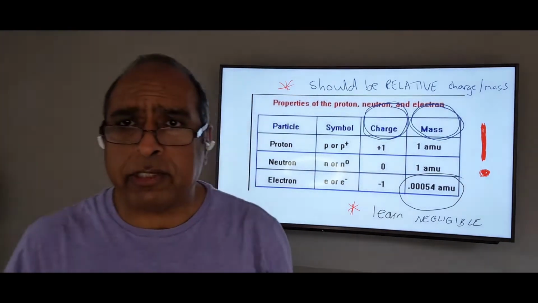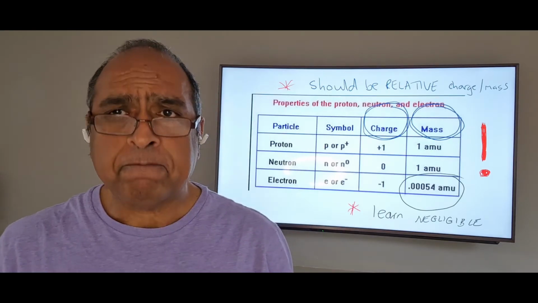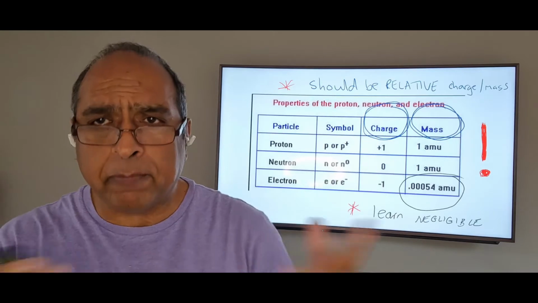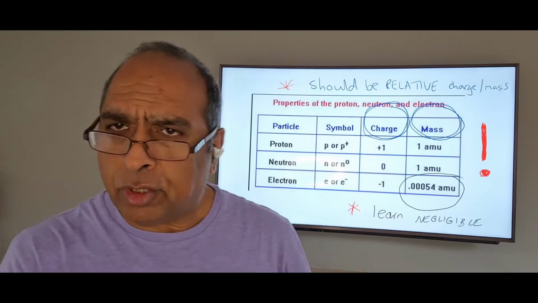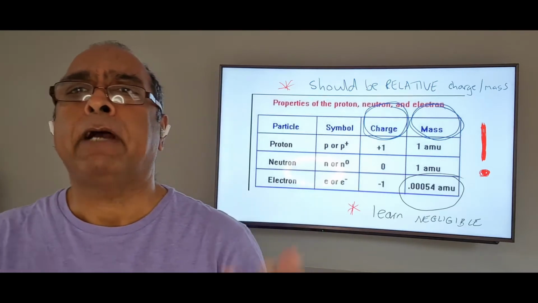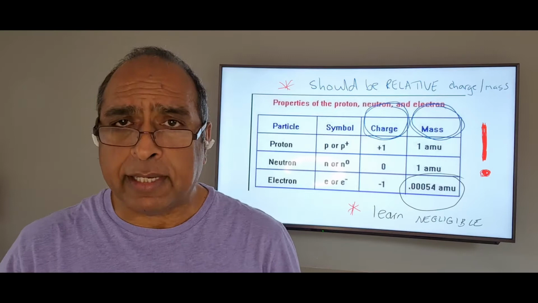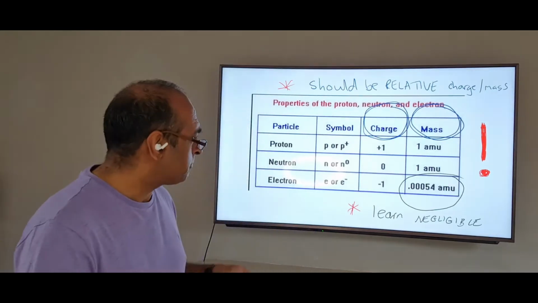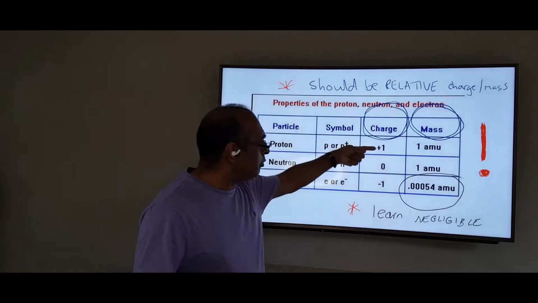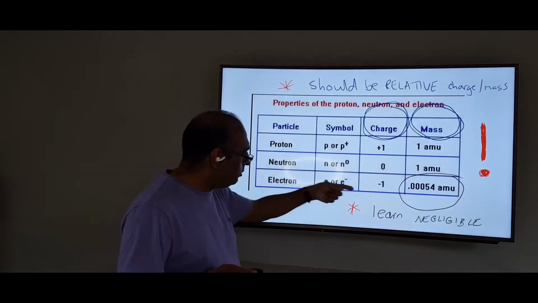Relative, in chemistry, we do this a lot. We pick something that we compare against, and you're going to call it relative. Like relative atomic mass: we picked a 12th the mass of a carbon-12 atom, and we compare everything to that. If a proton is +1 charge, then an electron is -1 charge.